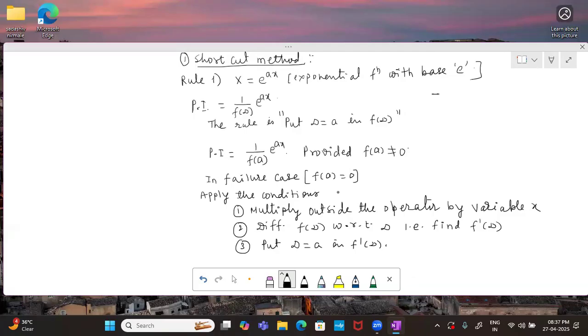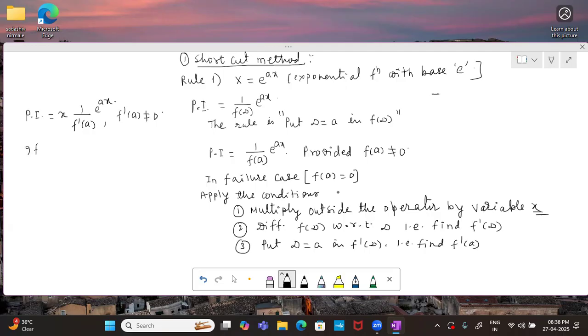So you will get PI in this form. Multiply outside by variable x. Then in the derivative f dash D, put D is equal to a, that is, find f dash a. You will get f dash a, into e raised to x as it is. So that is the PI in the failure case. Here also we put the condition f dash a is not equal to 0.